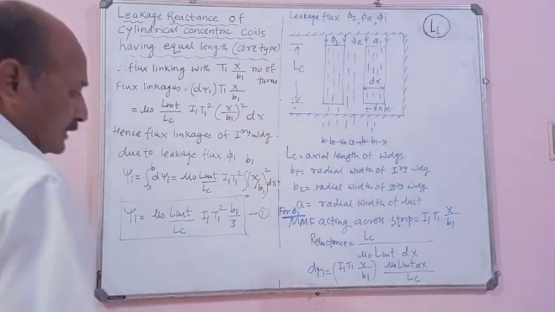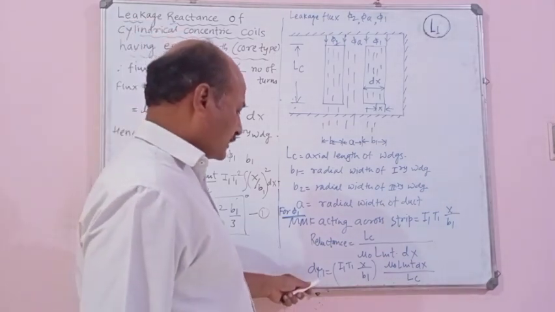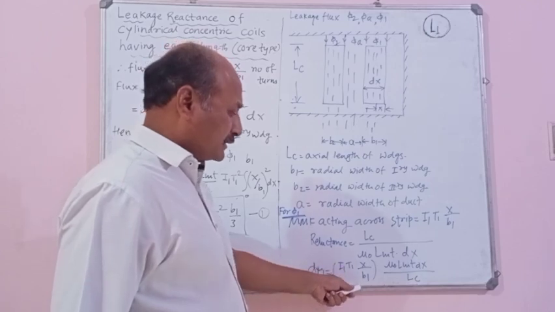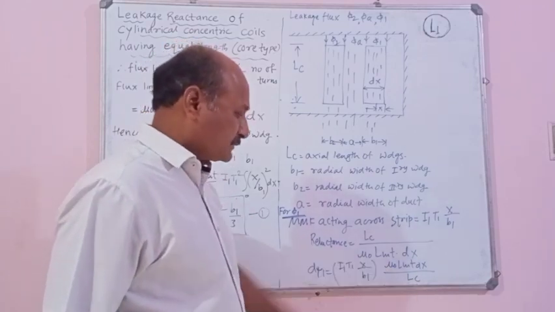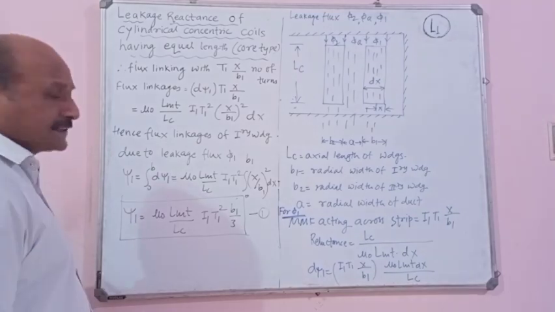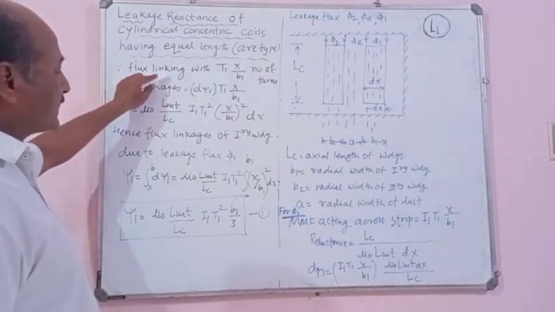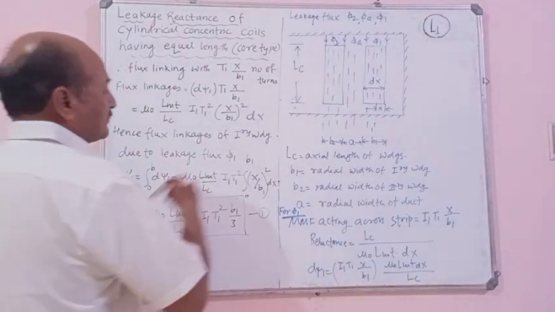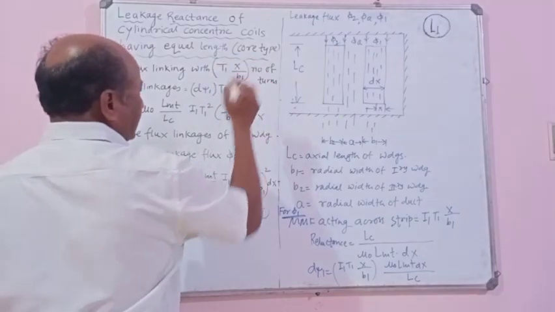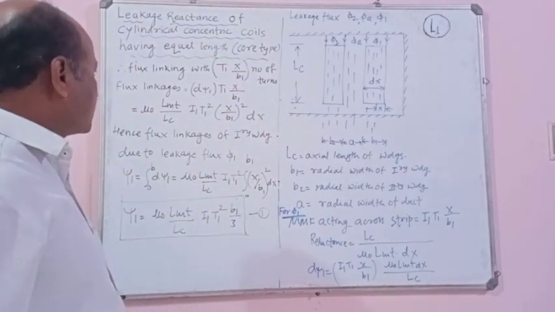So we have the leakage flux d phi 1 equals I1 T1 X by B1 times mu 0 LMT dx by LC. So what is the next thing? The next thing is the flux linking with T1 X divided by B1 number of turns.